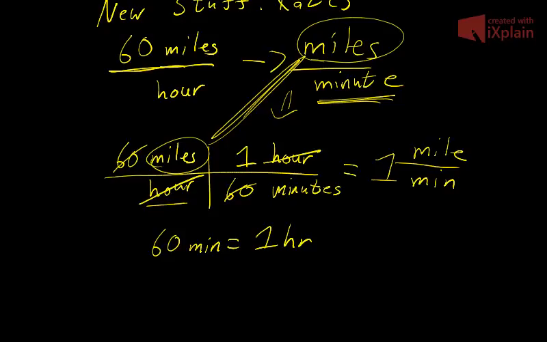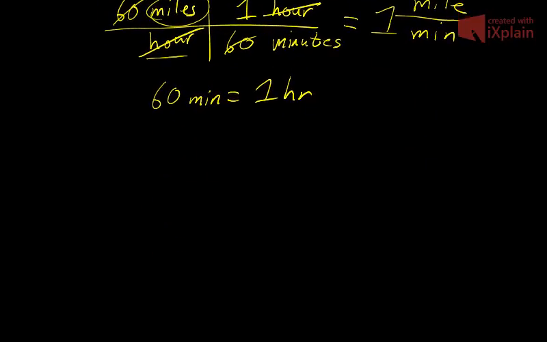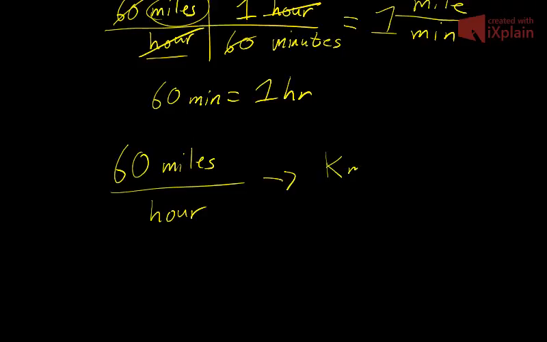I want to try one other one real quick. If I'm only going, let's say, 1 kilometer, or actually let's stick with 60 miles per hour. But I want to get it to kilometers per minute.